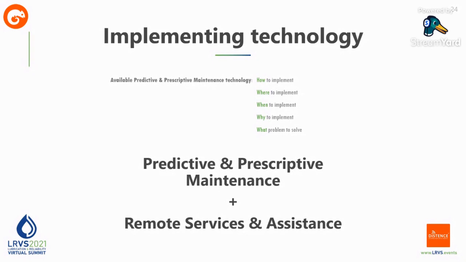Adaptation will require a digital transformation of existing processes. We'll provide some insights on how technology service delivery of periodic inspections can be enhanced and better decision-making and overall availability can be stimulated by combining predictive and prescriptive maintenance with remote services and assistance.